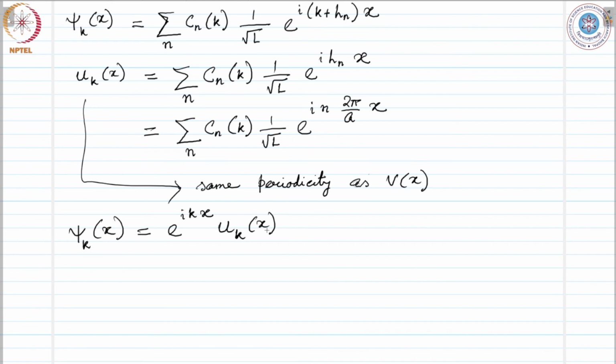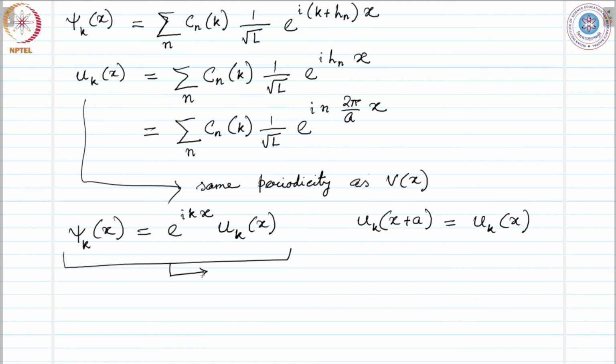Now, if we take u k x plus a, that is equal to u k x because u k is periodic in a. So, this expression here is called the Bloch theorem. This holds for the wave function of an electron subject to a periodic potential.